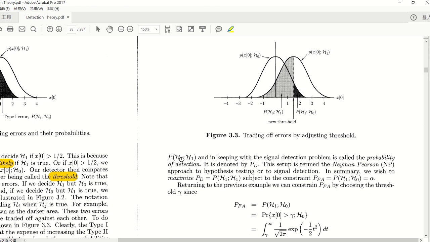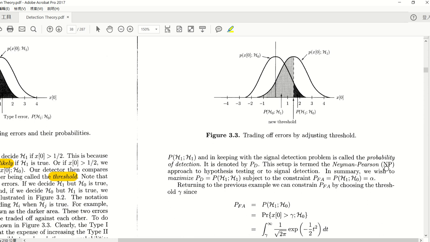H1 is something good because it is a detection. Something has happened and you detect that something has happened. That's a correct detection, a good thing to do, so that is denoted by PD. That is called the Neyman-Pearson approach to hypothesis testing or signal detection.